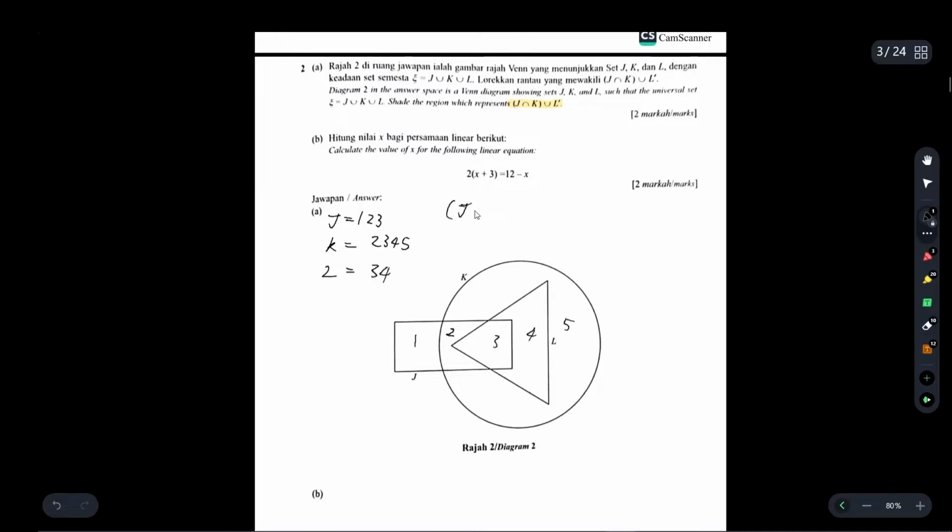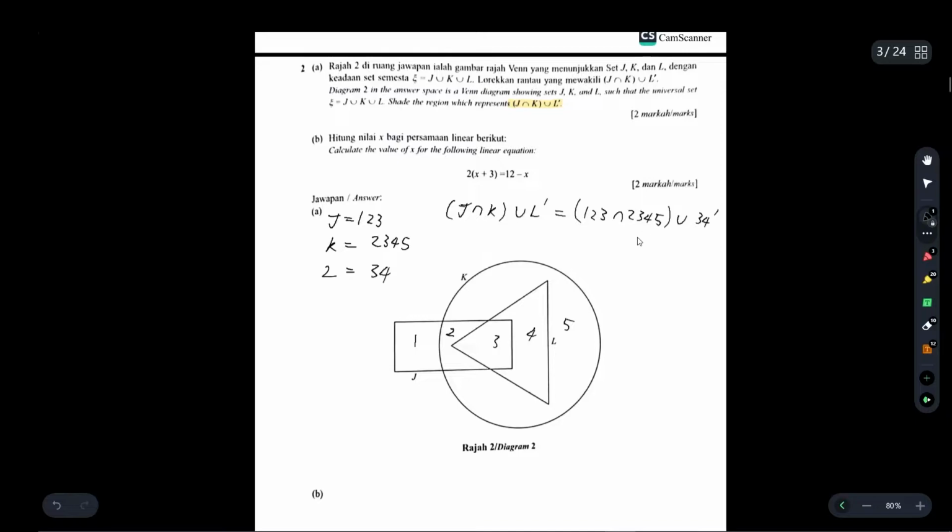Now we can start solving. It's J intersect K, close bracket, and then union L prime. So we just write out the numbers. First of all, we open the bracket: 1, 2, 3 intersect 2, 3, 4, 5, and then union 3, 4 prime.